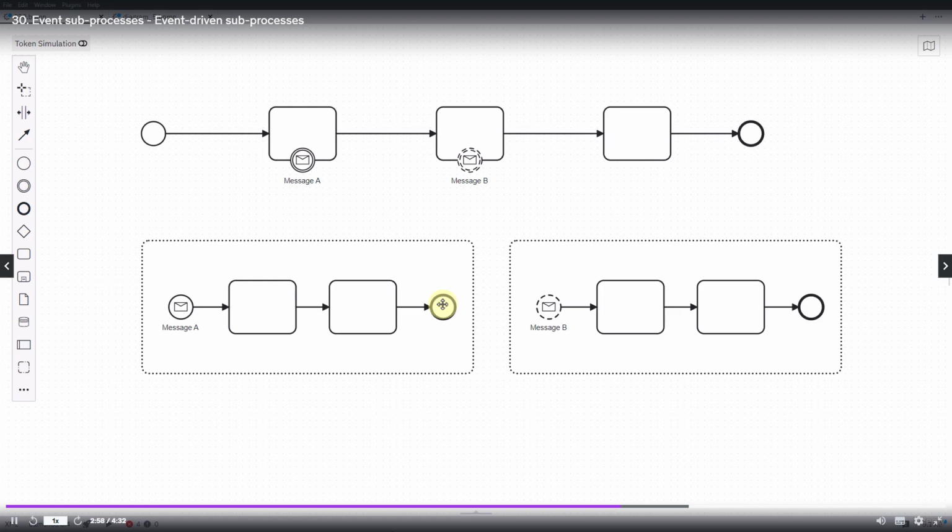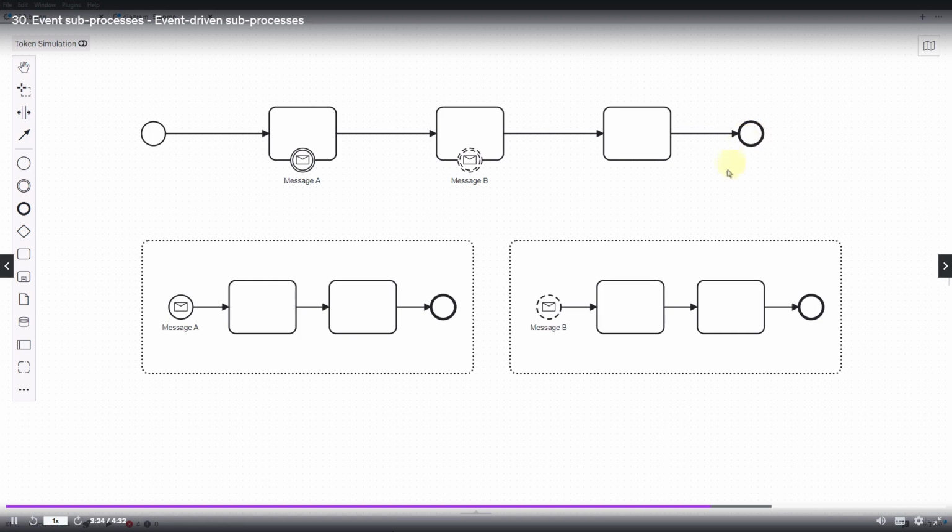It would be different if the message event A did not occur, but the non-interrupting event B did. This would form another token, which searches for the appropriate event subprocess and finds it right here. While the newly created token runs through the subprocess, the first token, since the event is non-interrupting, will continue on its path through the main process.